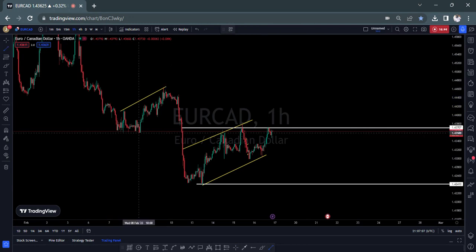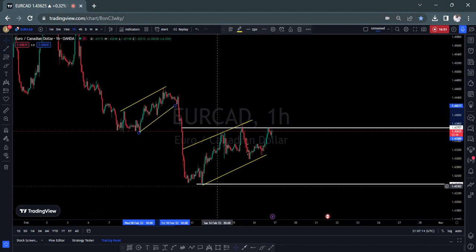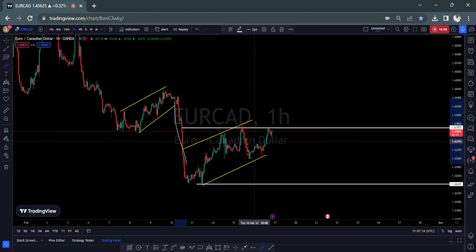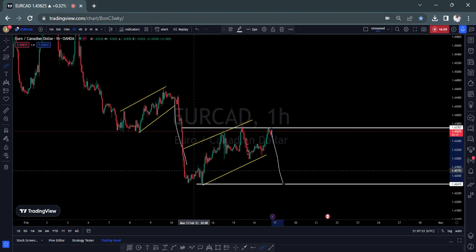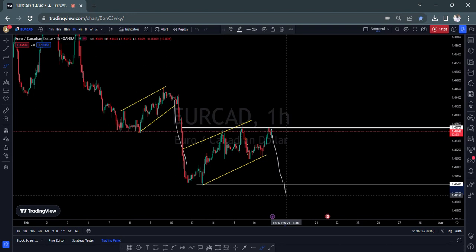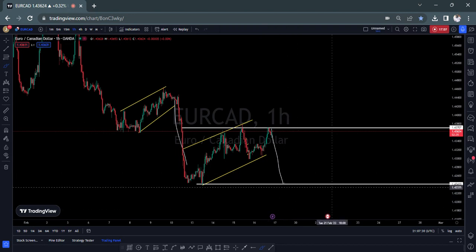What happened here after the formation of this ascending channel? You can see a huge drop, a massive drop, and that is what I'm also expecting for this trade: to drop massively and even break this structure, its low, and continue dropping down.